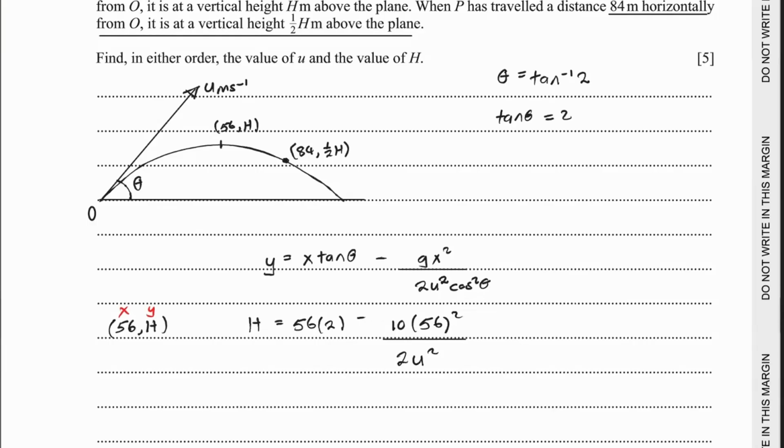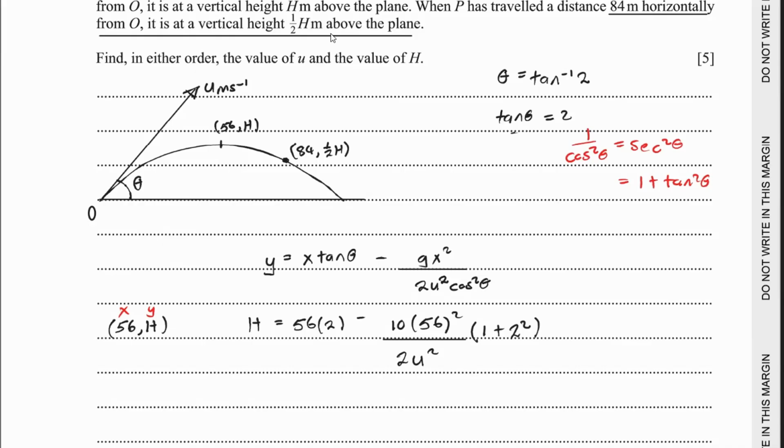Now, 1 over cos squared theta is sec squared theta, and it's the same as 1 plus tan squared theta. So for 1 over cos squared theta, I'll use 1 plus tan squared theta, and since tan theta is 2, it's 1 plus 2 squared.